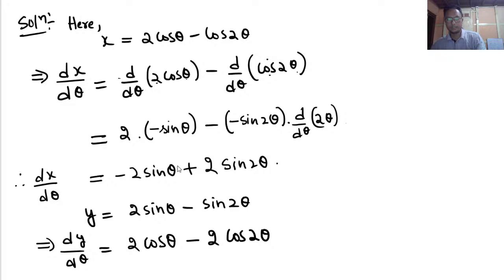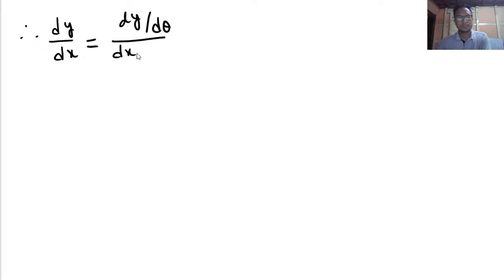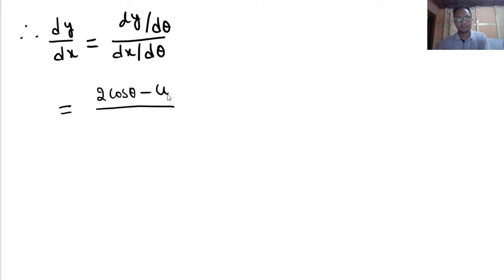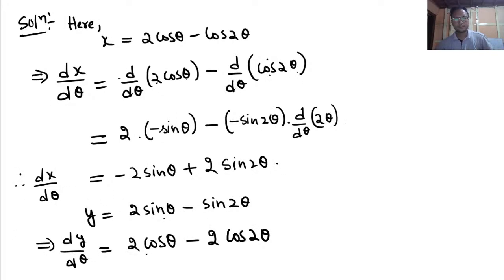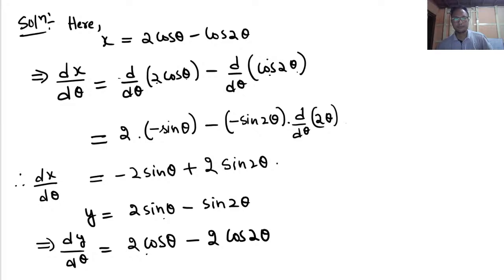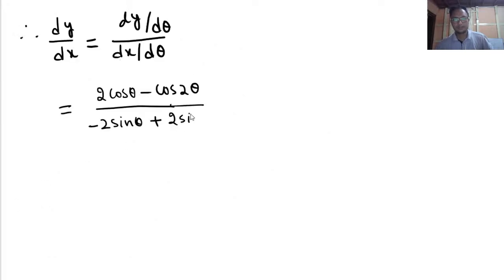Now let's try to find out what is dy by dx. dy by dx is dy by d theta divided by dx by d theta. dy by d theta is 2 cos theta minus 2 cos 2 theta, and dx by d theta is minus 2 sin theta plus 2 sin 2 theta.